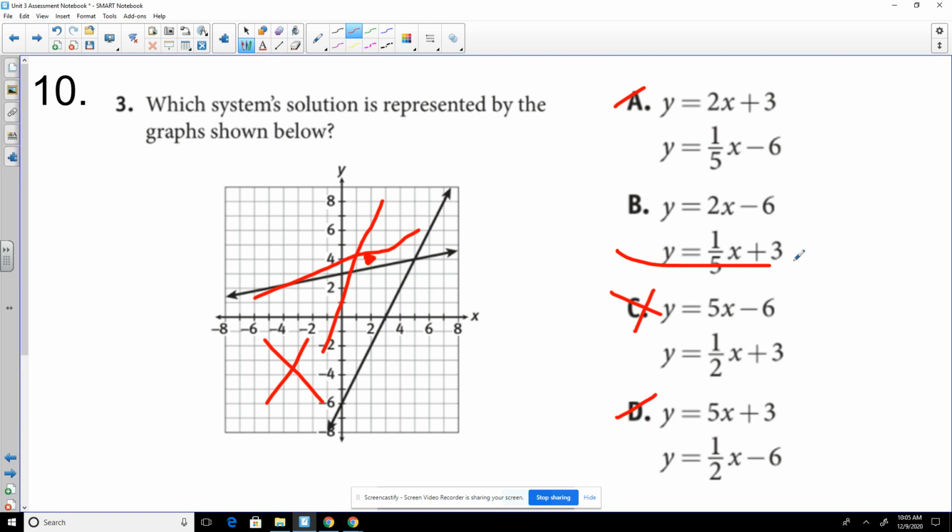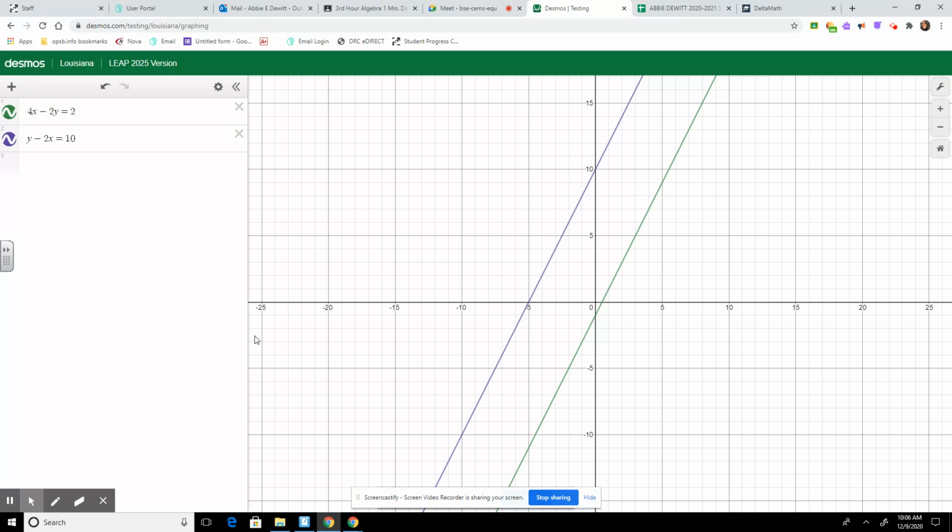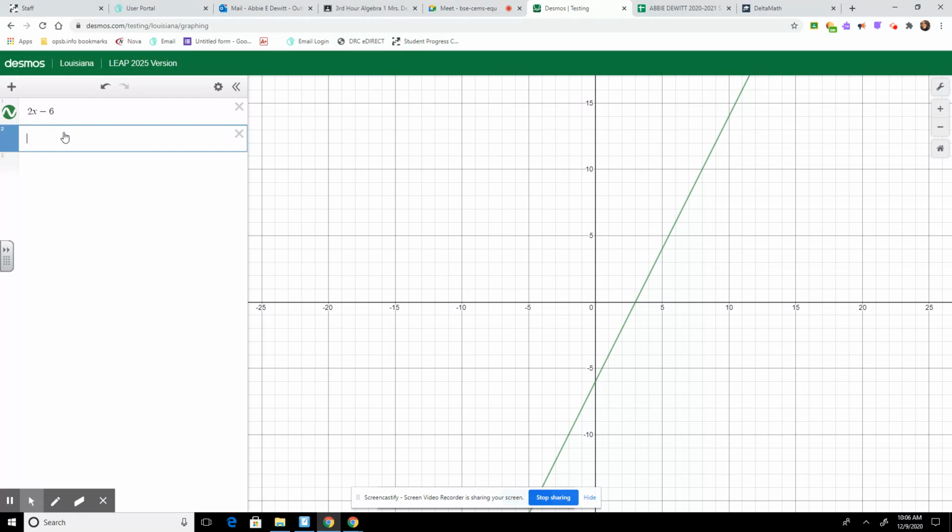Now, if you graph B, it'll look exactly like what is there. So I'm going to go to Desmos, and I'm going to show you what B looks like. Okay, so for part B, 2x minus 6 and 1/5 x plus 3.